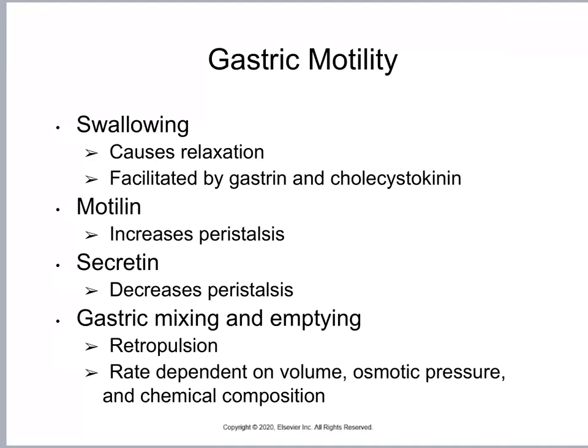So these are both hormones that are produced in the duodenum, which is the first part of the small intestine, and that regulates digestion. Gastric mixing and emptying is part of gastric motility. And the rate of motility is dependent on the volume of what's being digested, on osmotic pressure, and just the chemical composition of what's there.